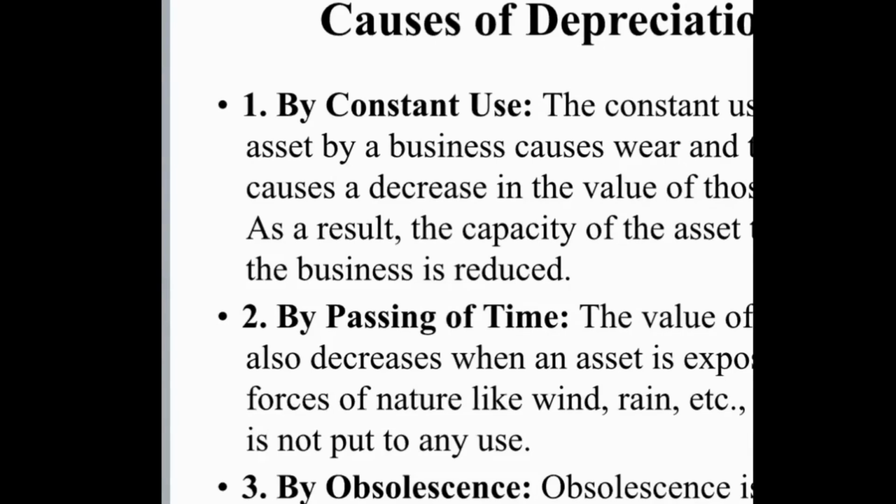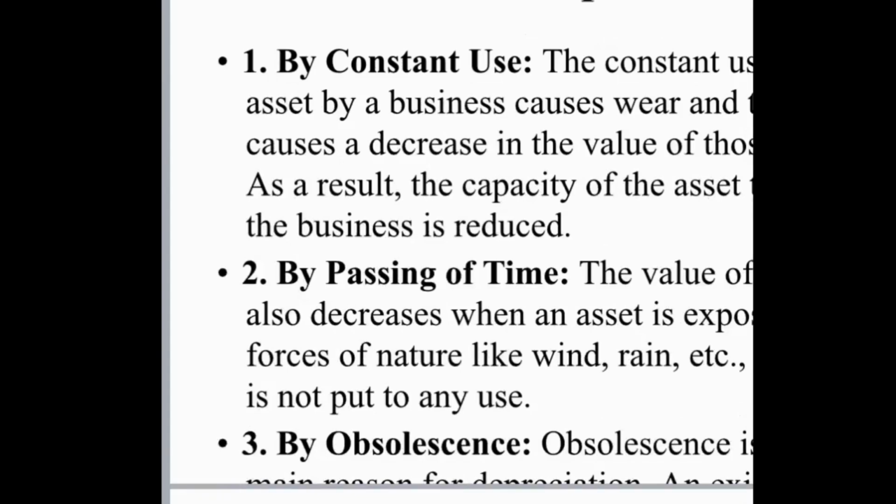You will understand better if you take a car example. Now today you purchased a car by paying 5 lakhs. Once you purchased it, will you keep this car idle like that only? No, ma'am, we will use the car. You'll start using it. When you start using the car, the quality the car had today will not be there tomorrow, and tomorrow's quality will not be there the day after tomorrow. So constantly we are using it, and the value of the asset will decrease.